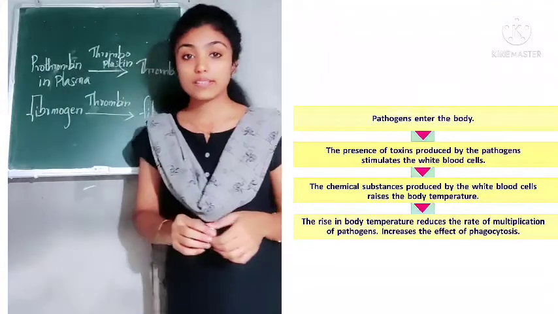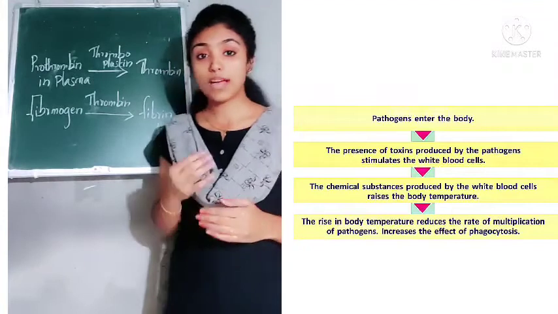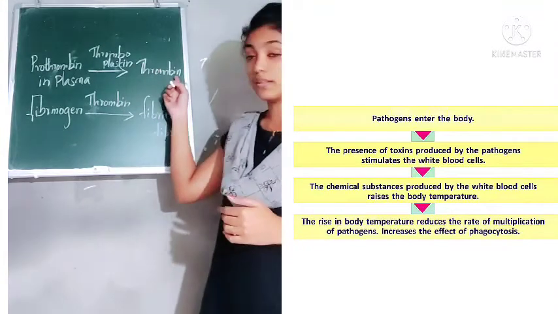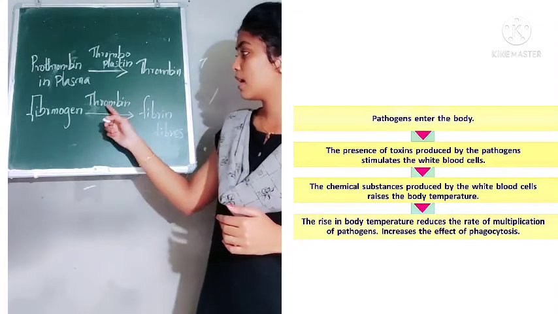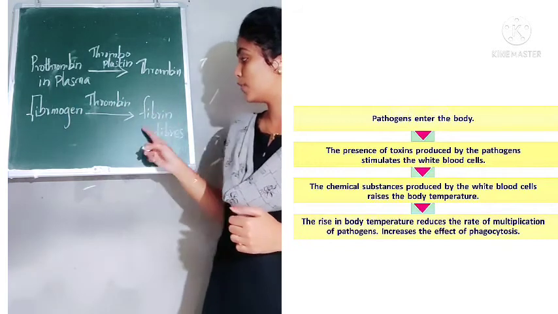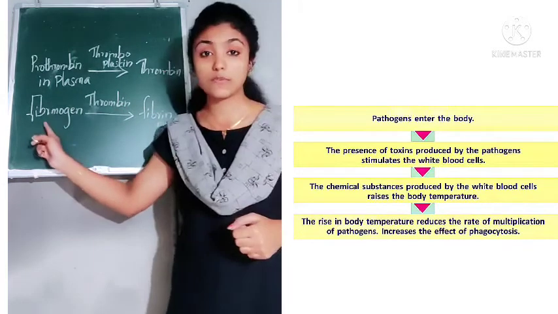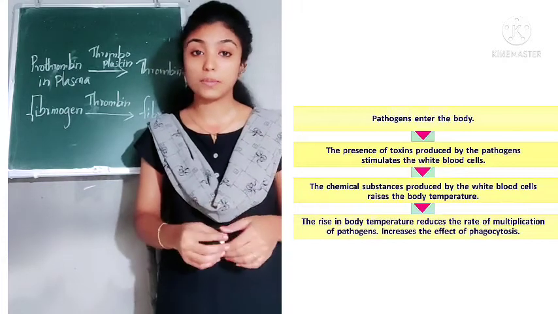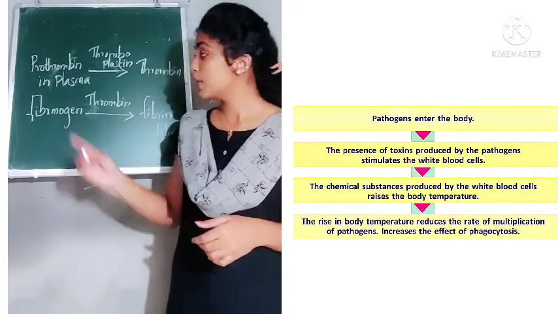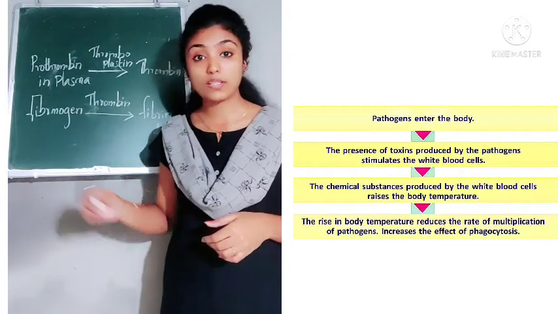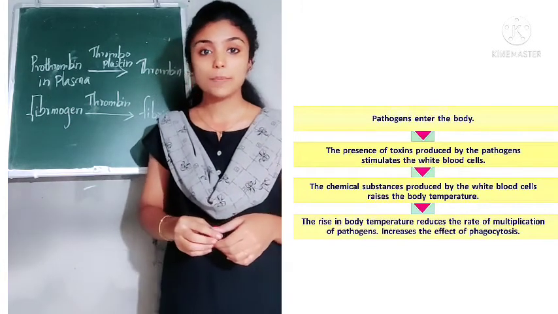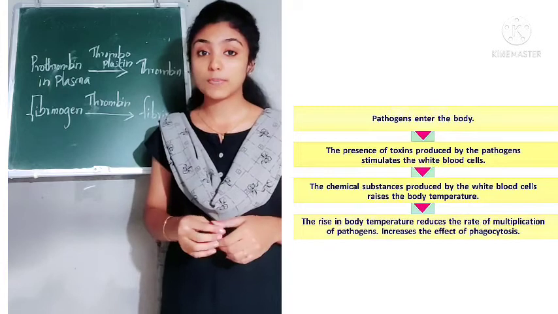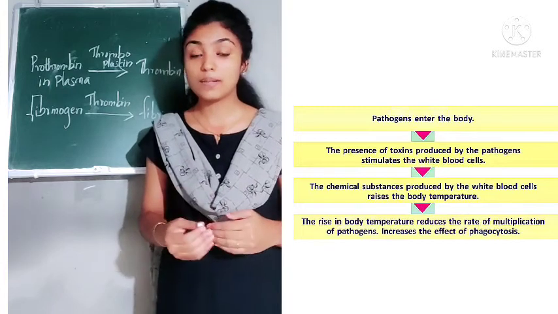So in the second stage of blood clotting, the thrombin formed here converts the fibrinogen into fibrin fibers. So what is fibrinogen? We already studied in 9th standard while learning about the blood. We studied that fibrinogen are the proteins present in the plasma, or the protein molecules present in the plasma, which help in blood clotting.